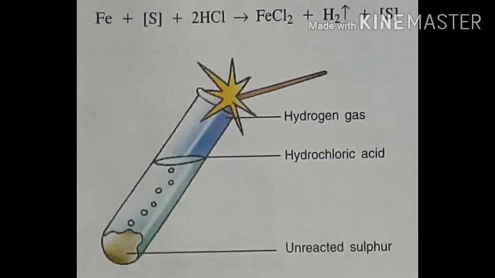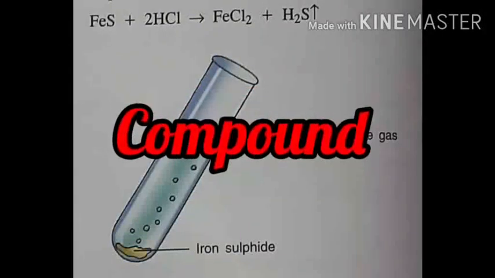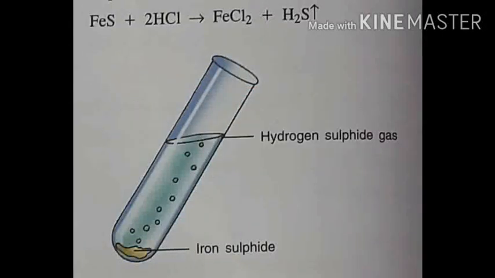You can see the reaction also shown: when iron reacts with hydrochloric acid, it forms ferrous chloride and hydrogen gas is liberated. In the test tube you can see the unreacted sulfur. But when hydrochloric acid is added to the compound, iron sulfide, it liberates hydrogen sulfide gas.